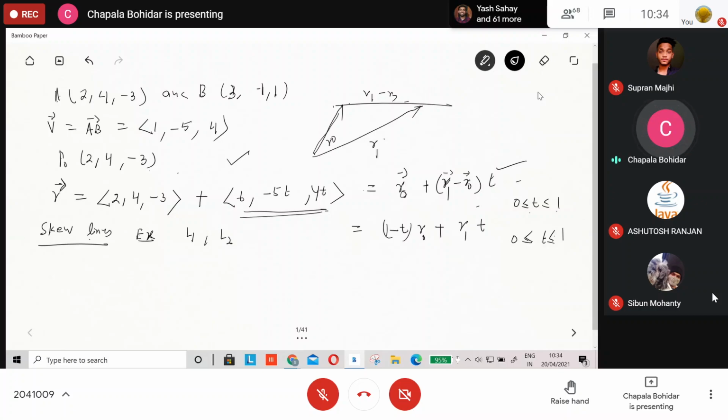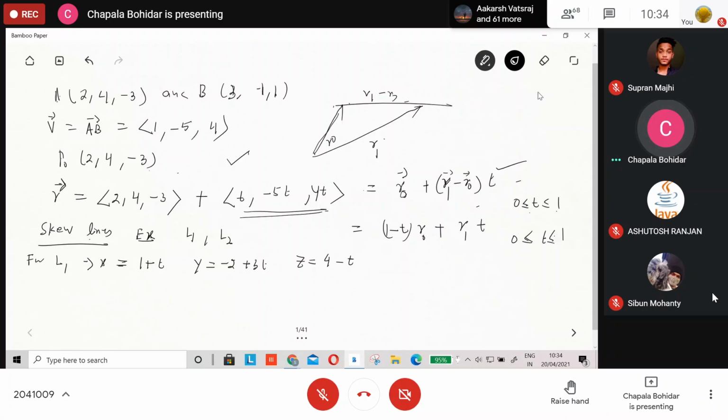So what is the parametric equation of L1? For L1, the parametric equation is given as x is equal to 1 plus t, y is equal to minus 2 plus 3t, and z is equal to 4 minus t.